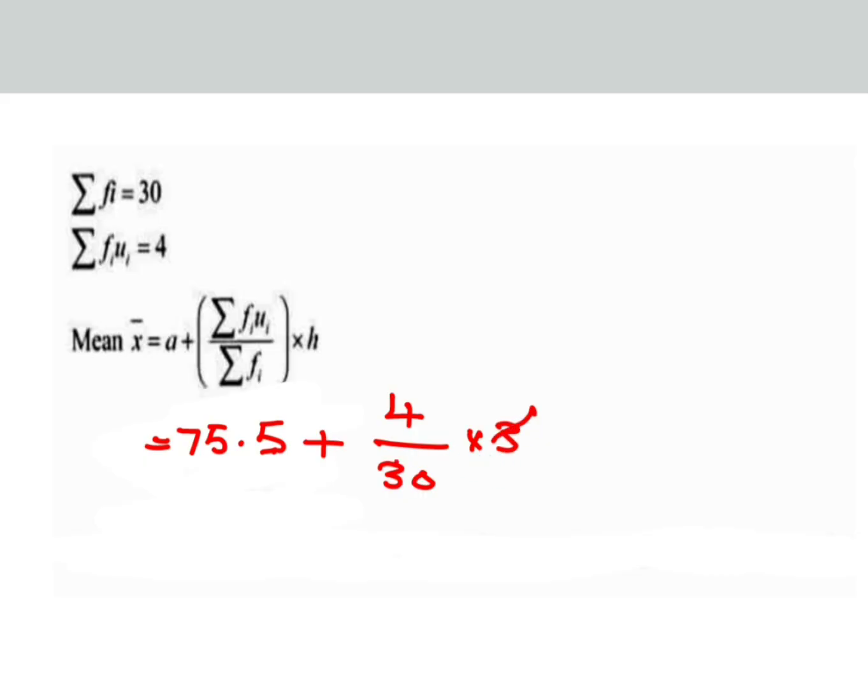So the 3 and 30 cancel to 10. Now this equals 75.5 plus 4 by 10, which is 0.4. Therefore this equals 75.5 plus 0.4, that is 75.9. The mean is 75.9.